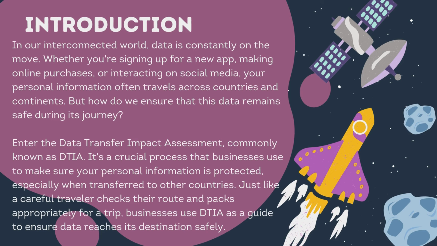Enter the Data Transfer Impact Assessment, commonly known as DTIA. It is a crucial process that businesses use to make sure your personal information is protected, especially when transferred to other countries. Just like a careful traveler checks their route and packs appropriately for a trip, businesses use a DTIA as a guide to ensure data reaches its destination safely.